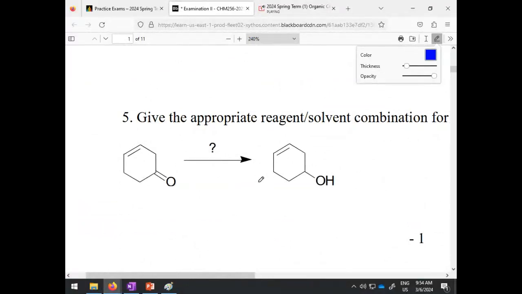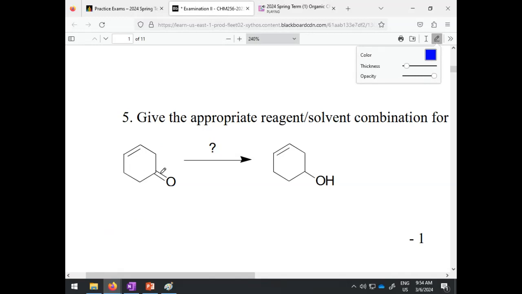Well, first look at this conversion. What kind of process is it? It's a reduction process. The key part is you have a reduction process, also an addition process.